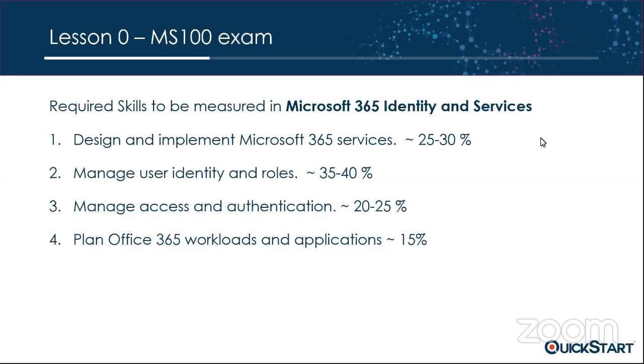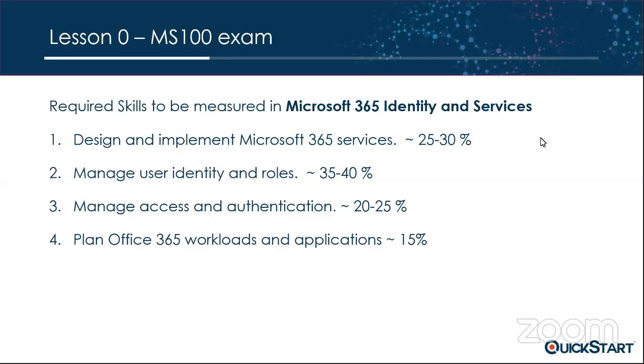So the main areas: for number one, the topics covered are manage domains and plan a Microsoft 365 implementation, and set up the Microsoft 365 tenancy and subscription. Those are the main topics.